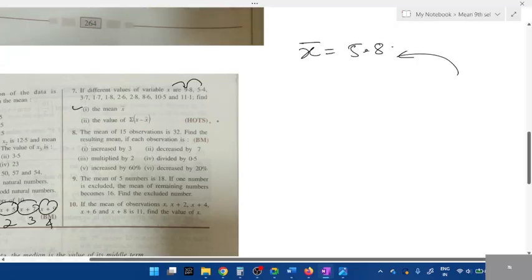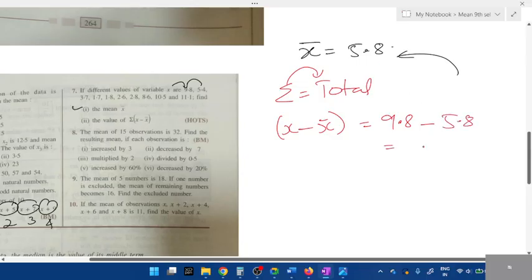Oh, correct, correct. Look here, I'll tell you what summation means. Okay, summation meaning is total, student. The meaning of this is total. Okay, first x minus x dash is given. For all the x values, what is the first value? 9.8 minus what is x dash? So what do you get? 4. Next, take the next x value.